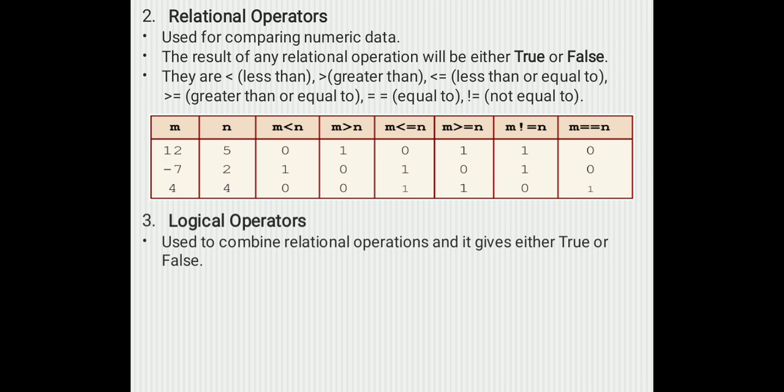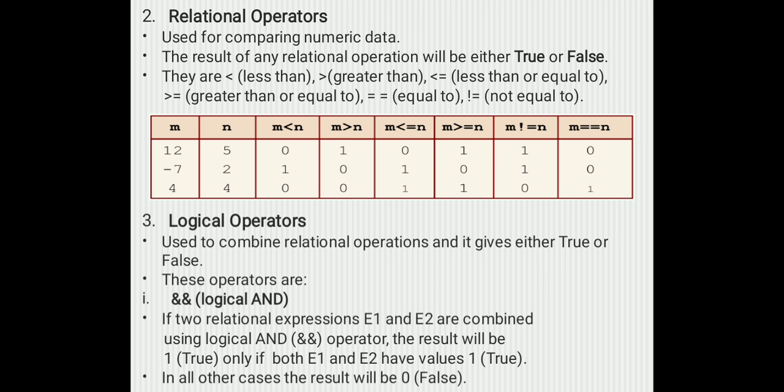The next operators are logical operators. Logical operators are used to combine relational expressions, and they also give either a true or a false value. The first one is logical AND, with 2 ampersand symbols. If 2 relations E1 and E2 are combined using logical AND, the result will be 1, that means true, only if both expressions E1 and E2 have the value 1, otherwise the result will be 0.